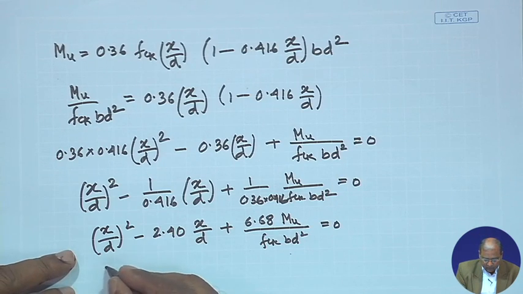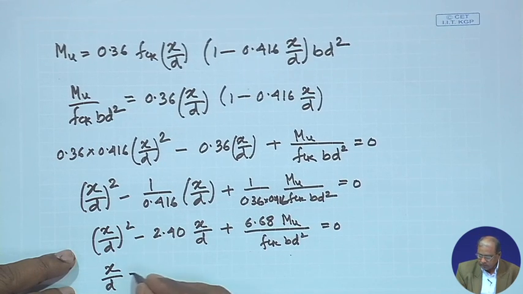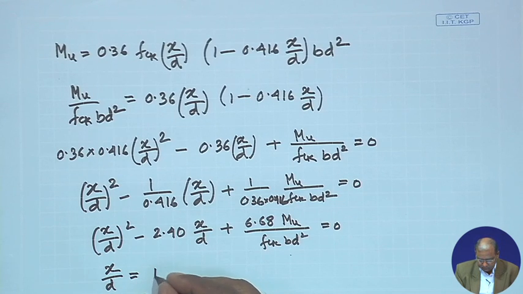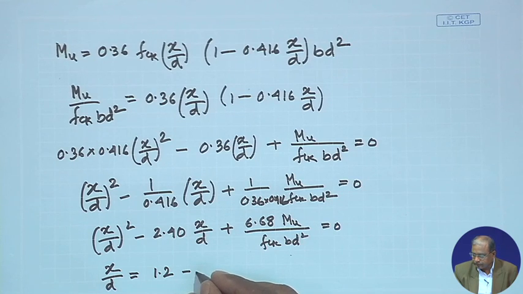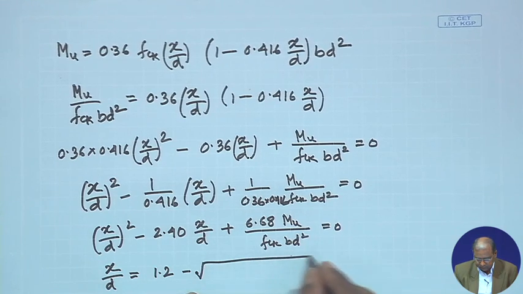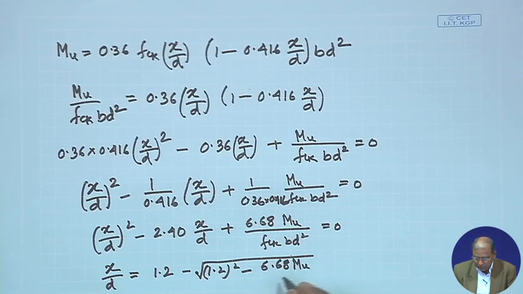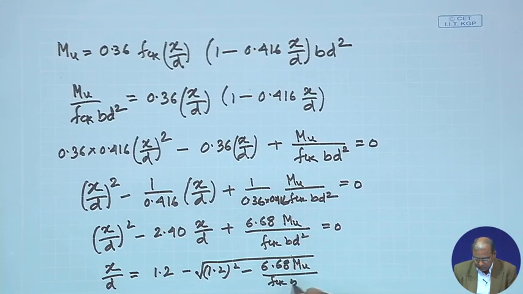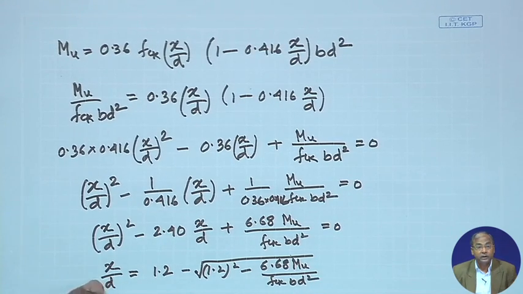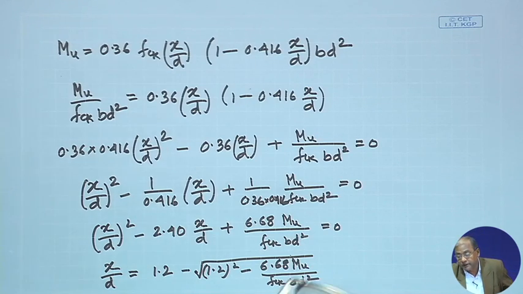And this will give you, I am just writing the final one, 6.68 Mu by FCK b d square. This is the one you will get.